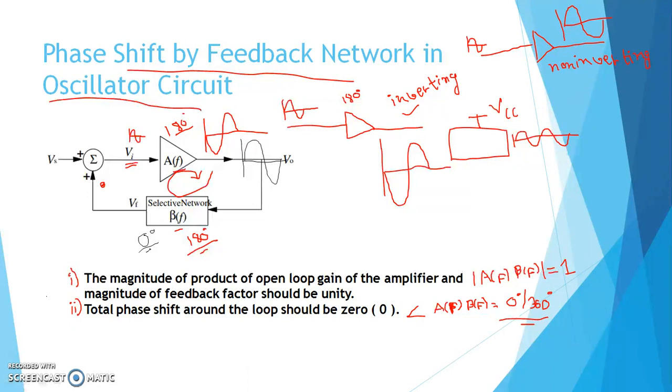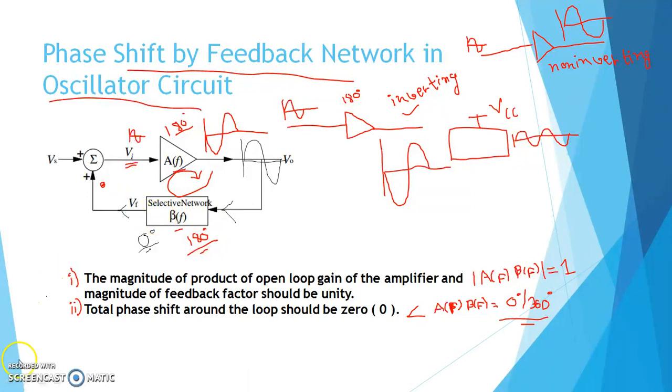Our target is overall phase shift should be 0 or multiple of 360 degree. That means no phase shift in between input sector and output sector. So if we apply non-inverting amplifier, then obviously we have to design such a frequency selective network which will provide 0 degree phase shift. That means no phase shift in between the input of the feedback network and the output of the feedback network. Clear?